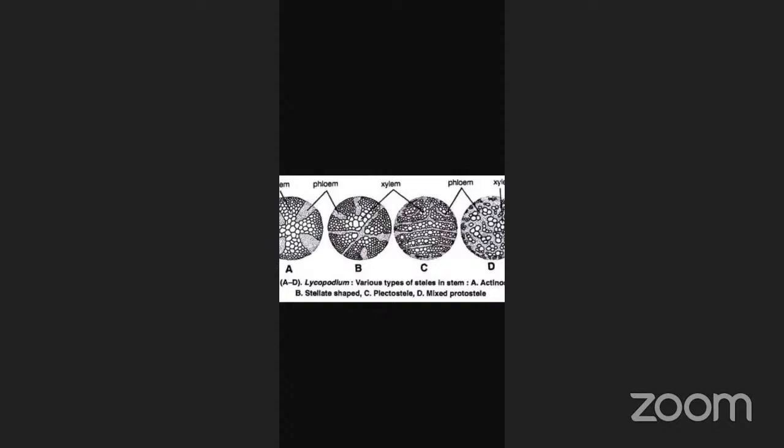Gemmae and buds also develop from the aerial part of the Lycopodium. Another is asexual reproduction. The sporophyte is homosporous, meaning all spores are a single type, structurally, morphologically, and physically. Lycopodium is homosporous and reproduces asexually by spores.